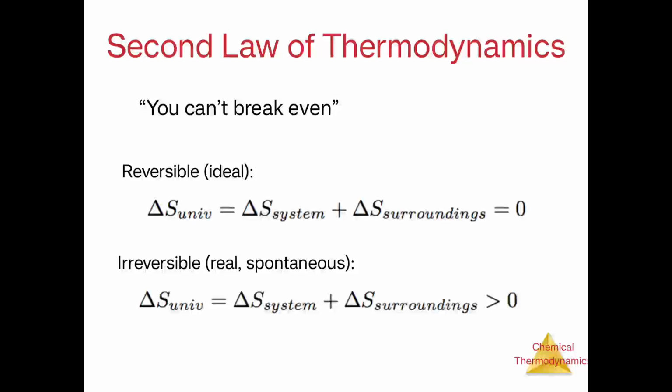That means the change in entropy of the system along with the change in entropy of the surroundings will be equal to zero. But for an irreversible, real or spontaneous process, the change in entropy of the universe, as a sum of the system and surroundings, will be greater than zero.